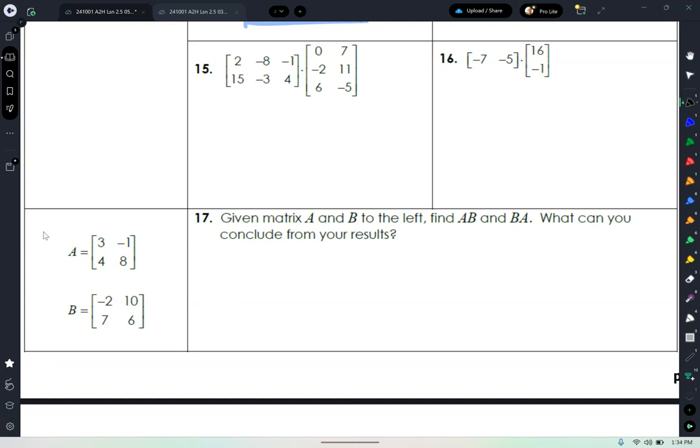Let's do a little squiggle down our paper here, and let's do AB over here. So whoever's finding AB, work over there. Whoever's finding BA can work over here. All right? Let's find the results of those two math problems. Go ahead.